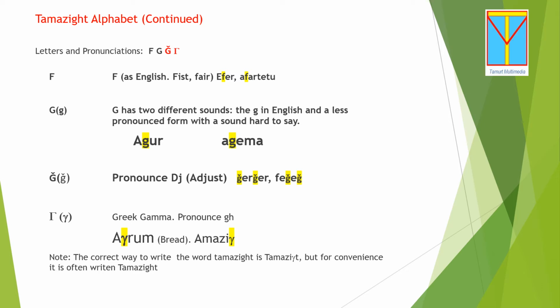The G with a check mark is as in adjust. So we say Jor, Jor, Fjij. The gamma is a Ra. So we say Agrum, Amazir. So it's GH, the pronunciation. Agrum, Amazir.